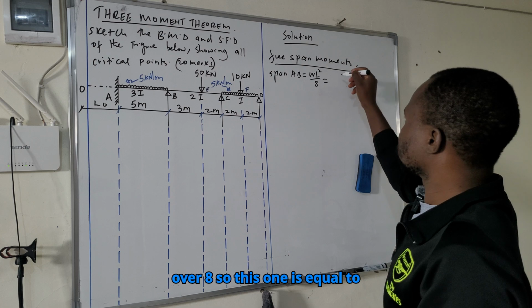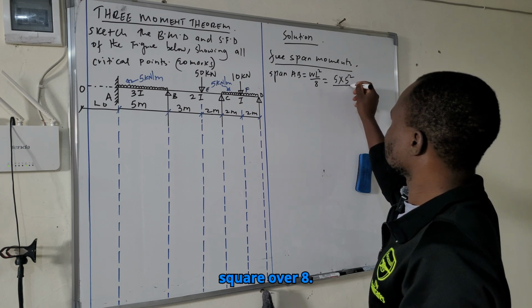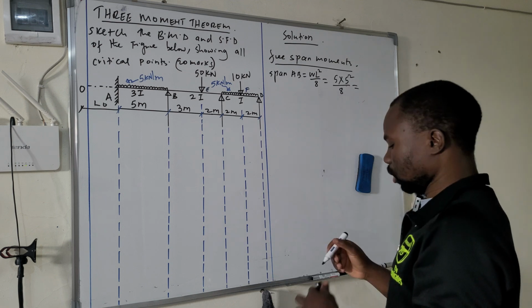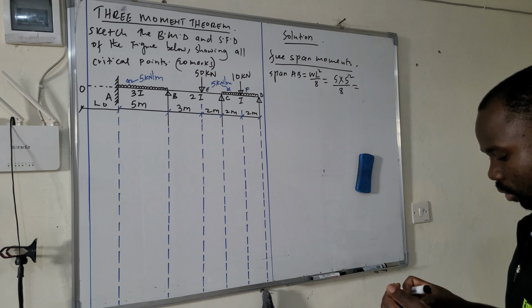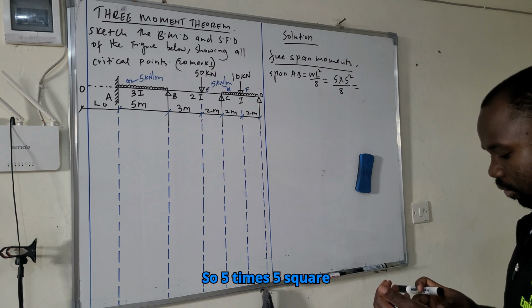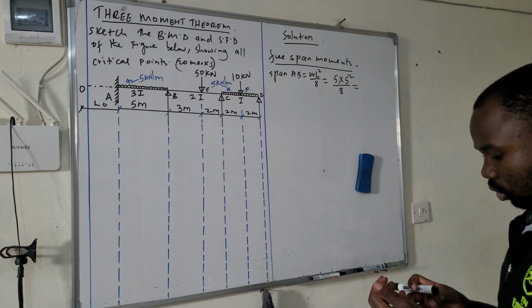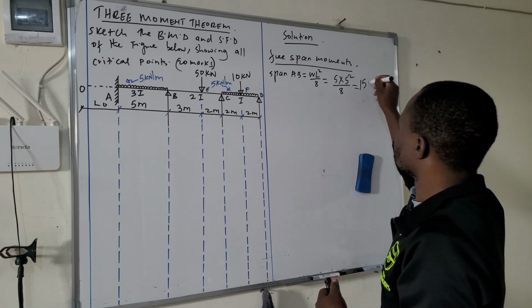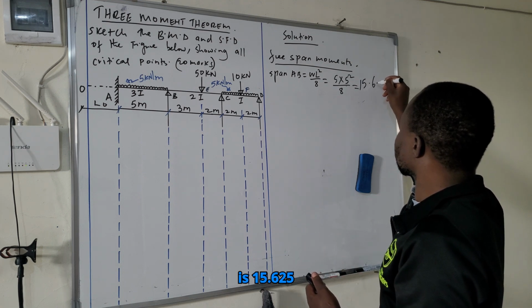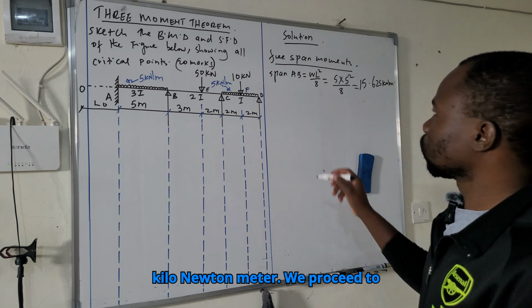So this is equal to 5 times 5 squared over 8. Then you punch your calculator. So 5 times 5 squared over 8 is 15.625 kilonewton meter.